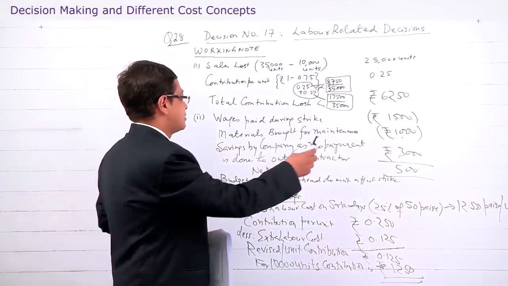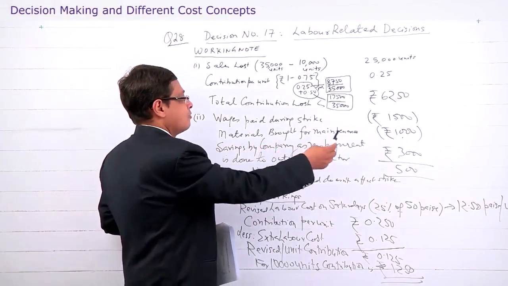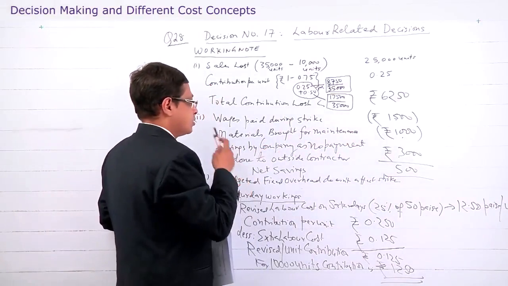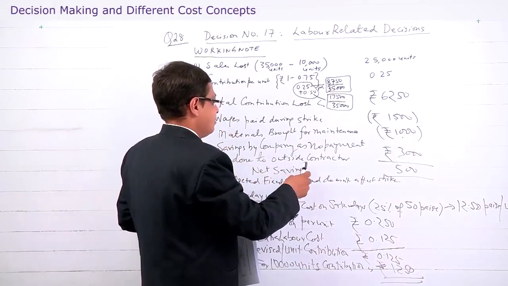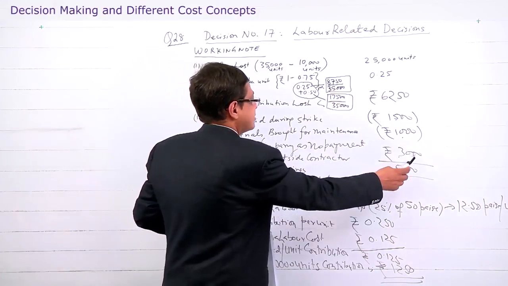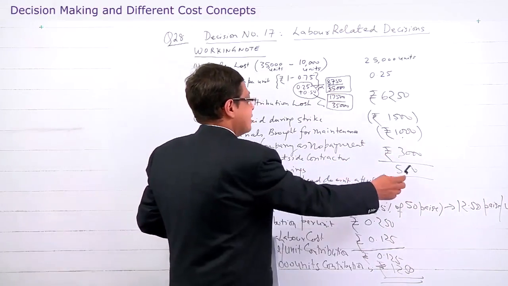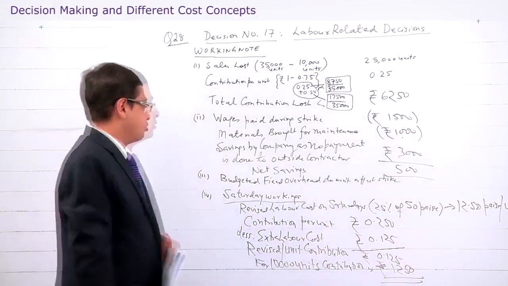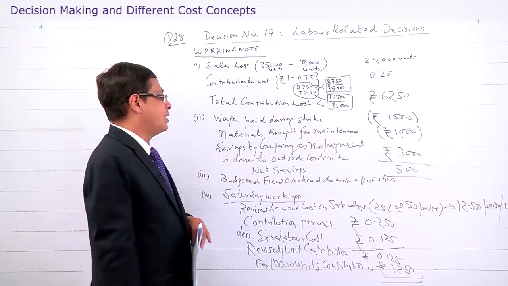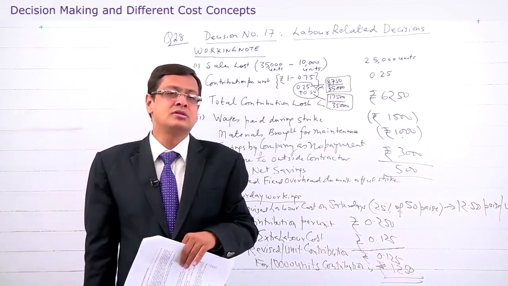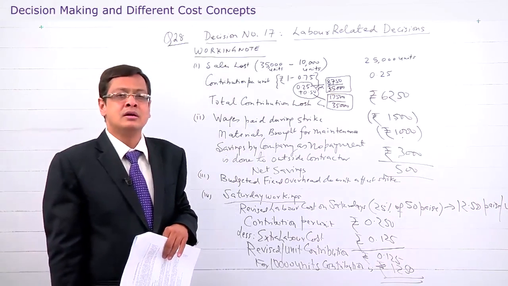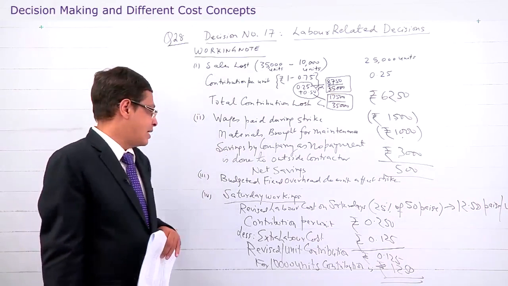Wages paid during the strike is given, material bought for maintenance has been given. So the saving I have made from the outside contractor is 3,000. So net saving I have made is 500 rupees. Budgeted fixed overhead does not affect strike because this cost has already been incurred. It is not affected by strike.